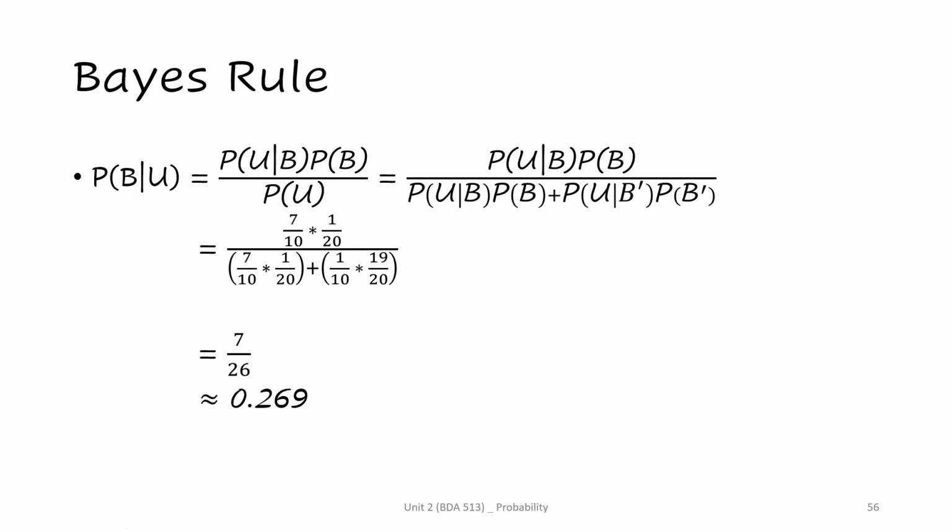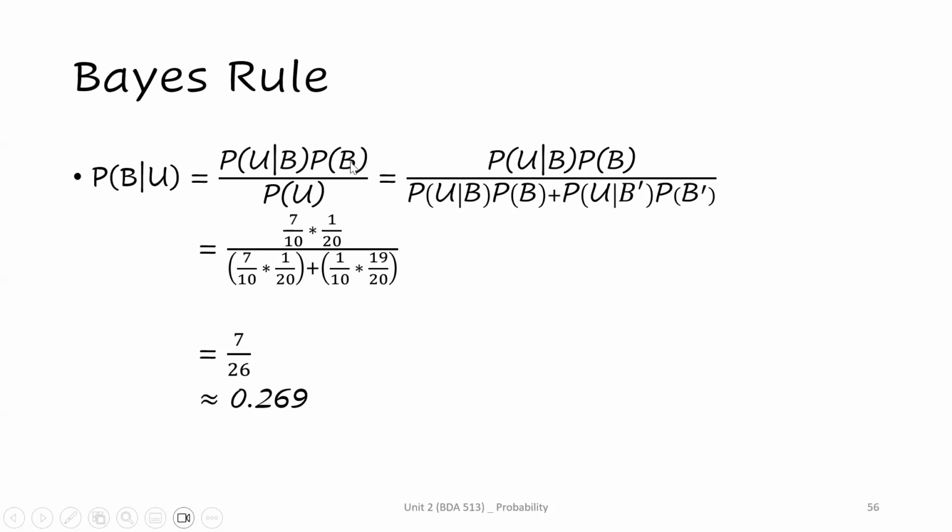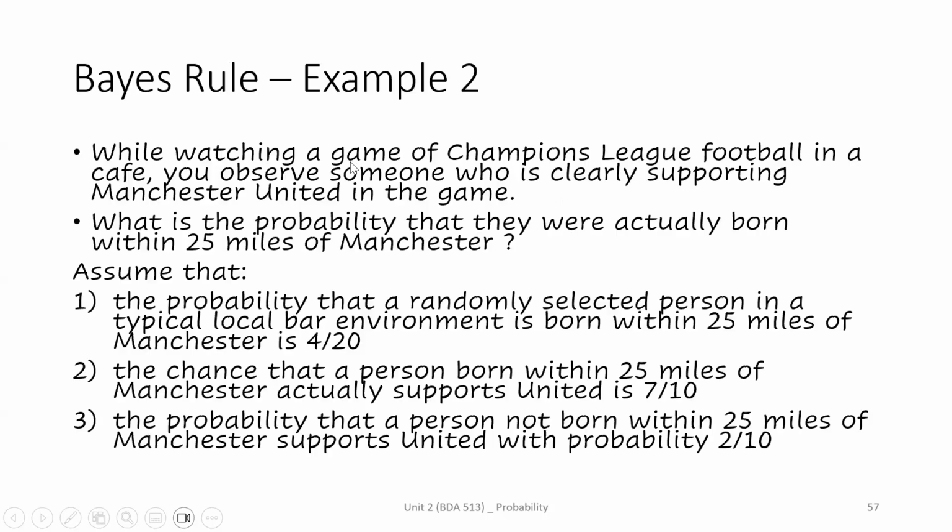Right, so let's see this. The probability of being born within 25 miles, given that you support Manchester United, is equal to, remember, it's the same as A and B. So we are looking for B given U. We start with the probability of U given B, which we know, is 7 over 10, times the probability of B, which we also know.